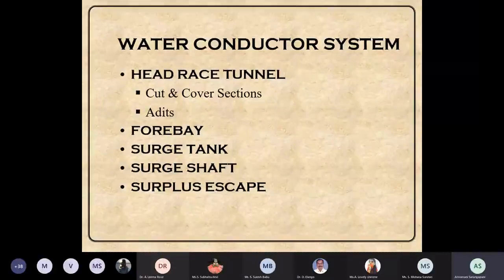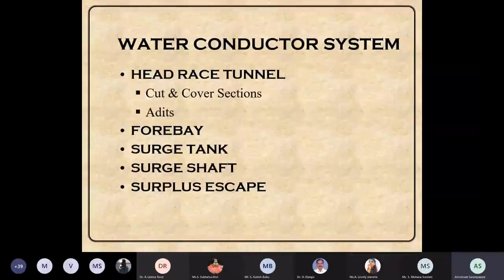To build an HRT, this headrace tunnel, for 2 or 4 or 5 kilometers, we will have only two faces. One will be at the intake face, and another will be at the penstock area, to enter into the tunnel to bore the tunnel. But that will take more time. So we will put some intermediate tunnel, a small adit, to approach the tunnel area to do the excavation.